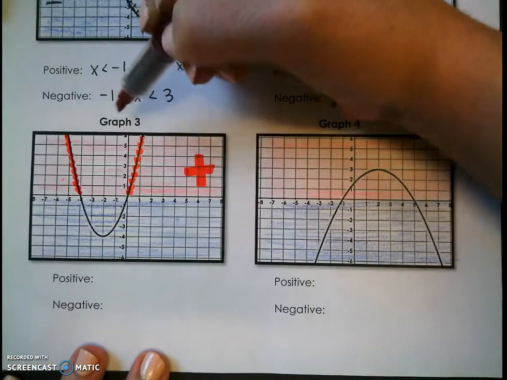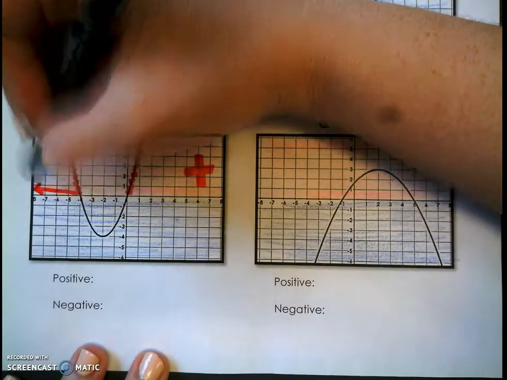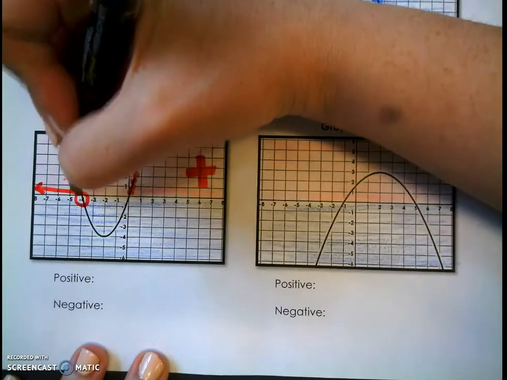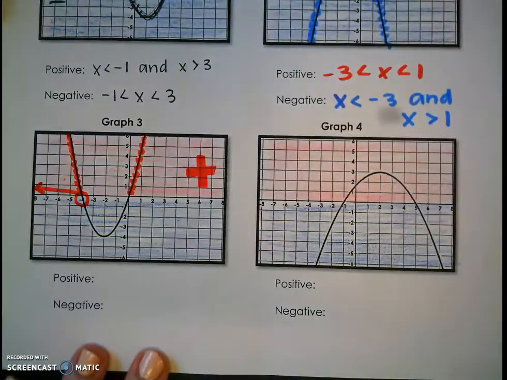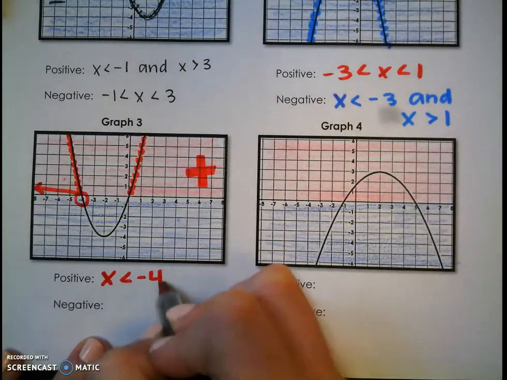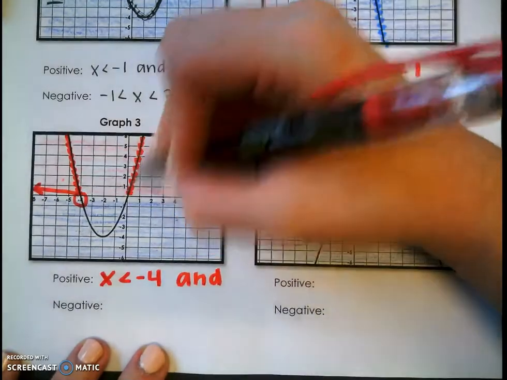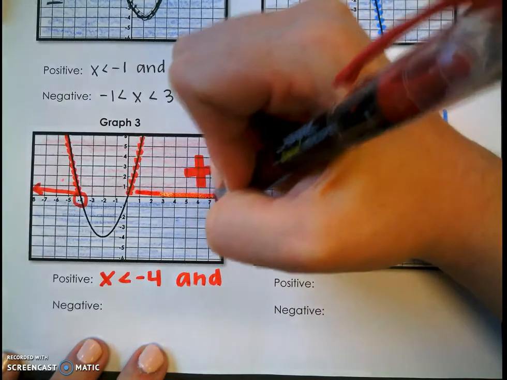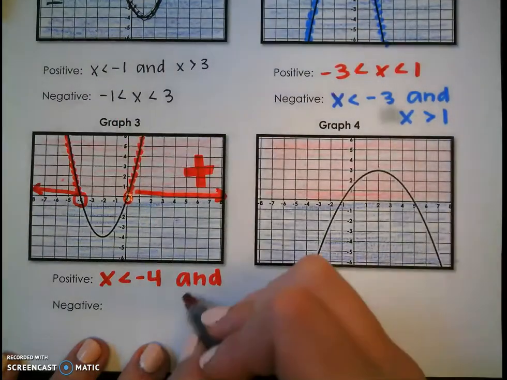If I look at these x values, so everything on the left side here, these numbers over here, are all less than -4. And these numbers on the right over here are all bigger than that number, which would be 0.